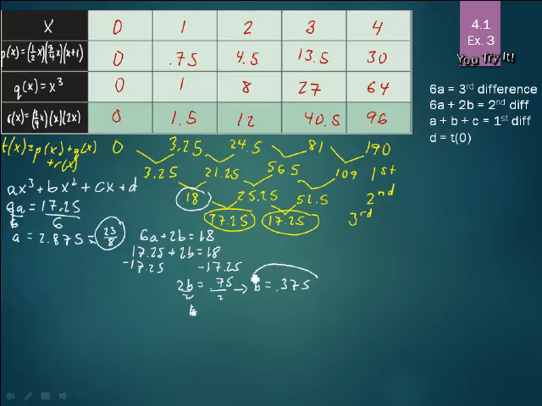Okay, so now let's find c. So a plus b plus c will equal the first difference, and that's between x equals 0 and x equals 1, which is 3 and 25 hundredths. So a is going to be here, there's our decimal form and then fraction. Let's go ahead and convert b into a fraction also, because we'll need that for the end here. So that's 3/8, by the way.